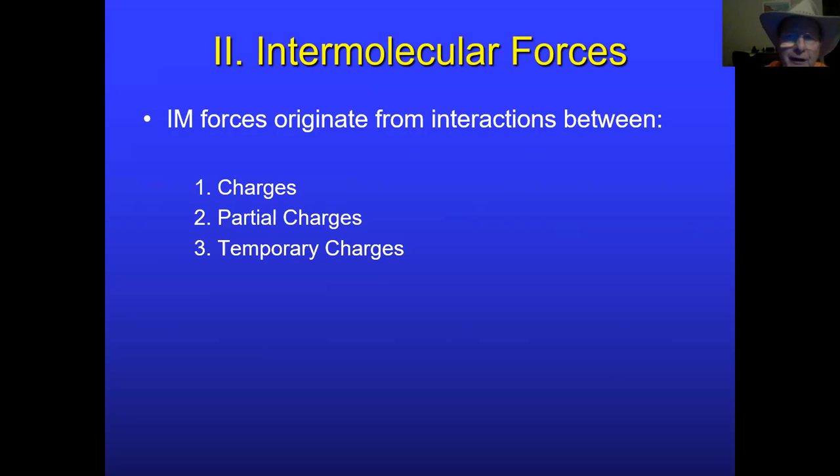But what is different is that water tends to cling to each other, and water will form a solid because its intermolecular forces are greater than alcohol's intermolecular forces. And intermolecular forces originate by charges between the different molecules, partial charges in the molecules, or temporary charges in the molecules.